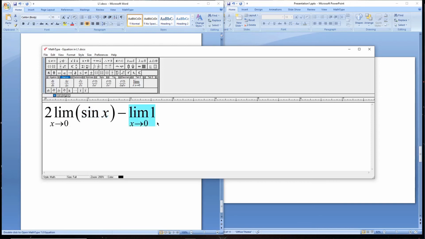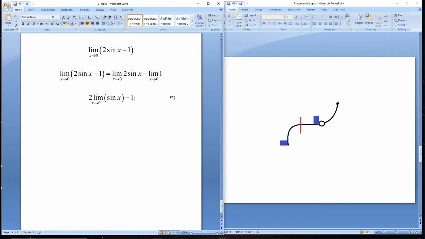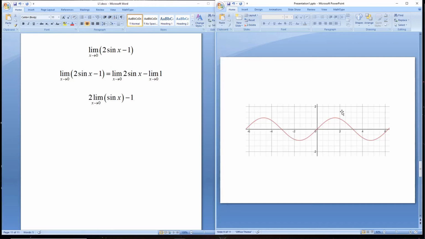And what is the limit of a constant? You should burn this one into your brain. A limit of a constant is always that constant. So the only thing we need to figure out here is what is the limit of sine as x goes to 0. So let's take a look at the sine function.